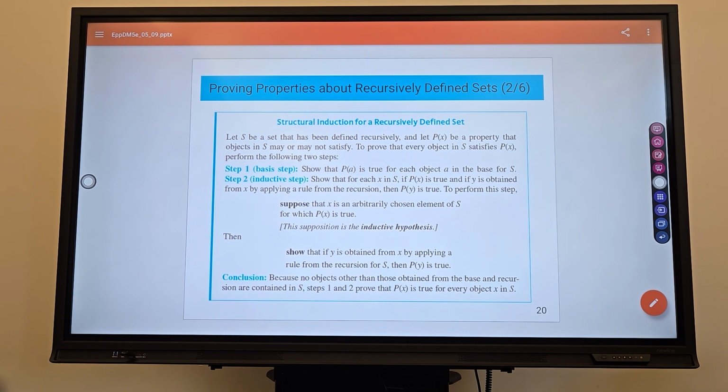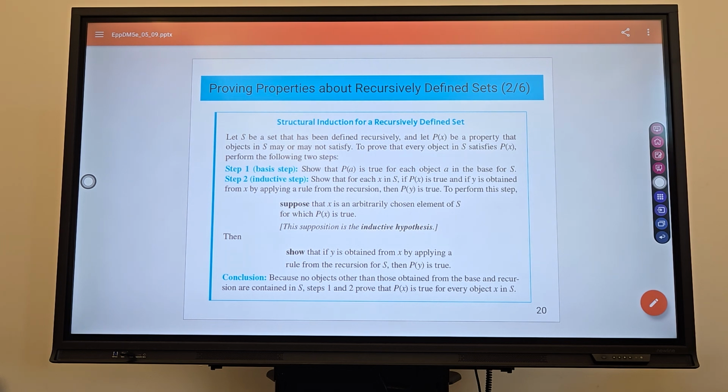The basis step: prove that P(a) is true for each object a in the base for S. And then the inductive step: show that for each x in S, if P(x) is true, and if y is obtained from x by applying a rule from the recursion, then P(y) is true.